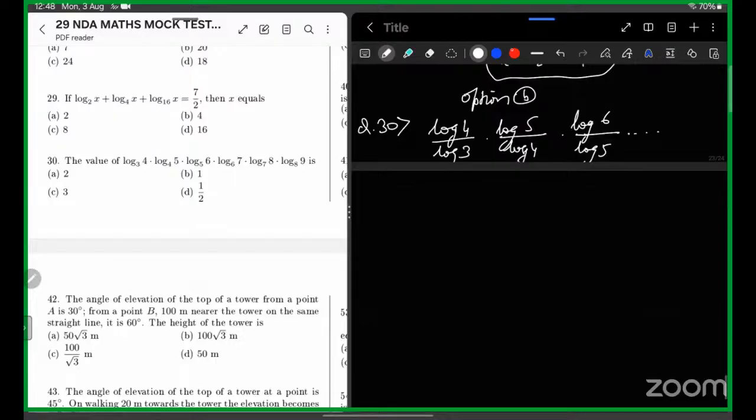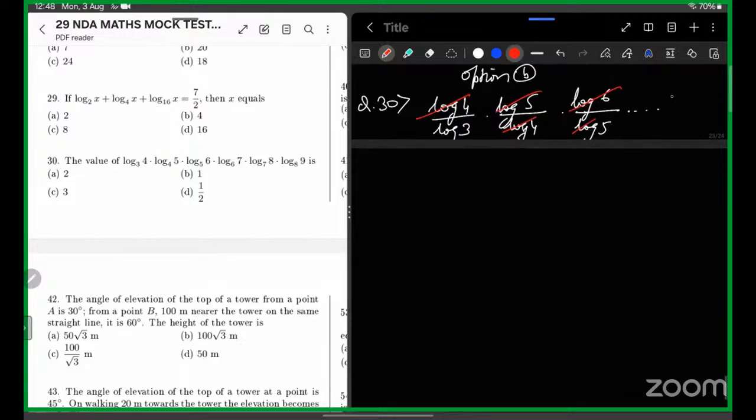So if you can see, log 4 and log 4 gets cancelled out. Log 5, like this. So the last term what will be left is log 9 upon log 8.